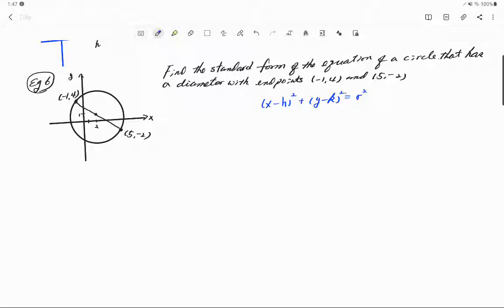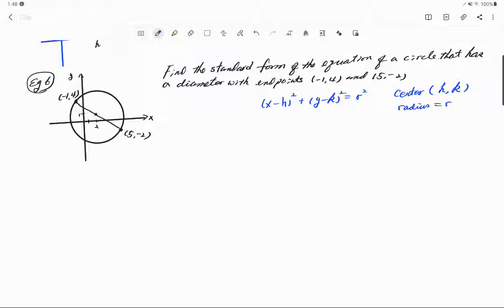Here h and k are the center, the x coordinate is h and the y coordinate is k, and the radius is r. So we want to find the center and the radius.